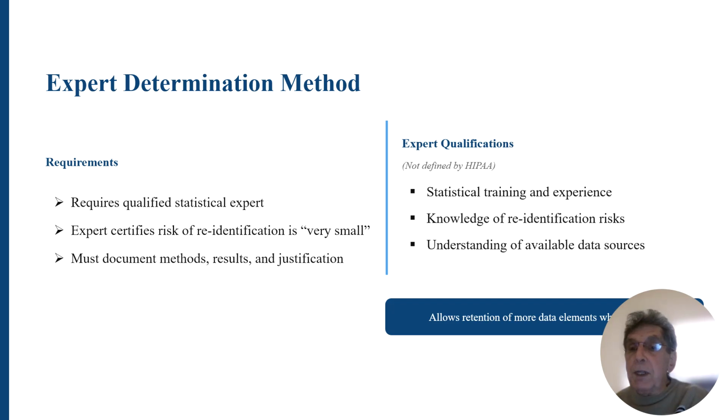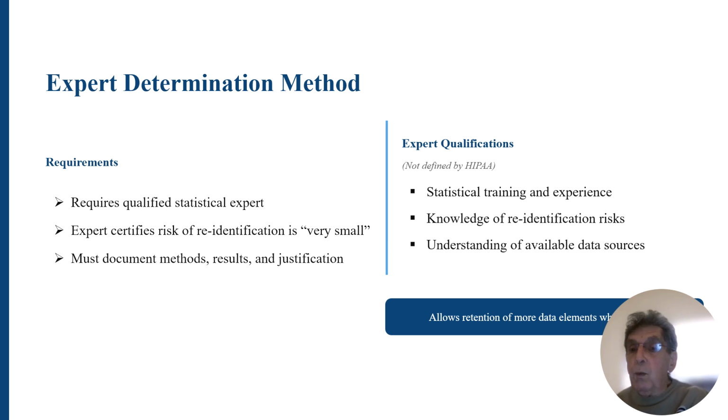The expert determination method offers more flexibility, but it requires expertise. The requirement is that a person with appropriate knowledge of and experience with generally accepted statistical and scientific principles and methods for rendering information not individually identifiable must determine that the risk of identifying any individual is very small.